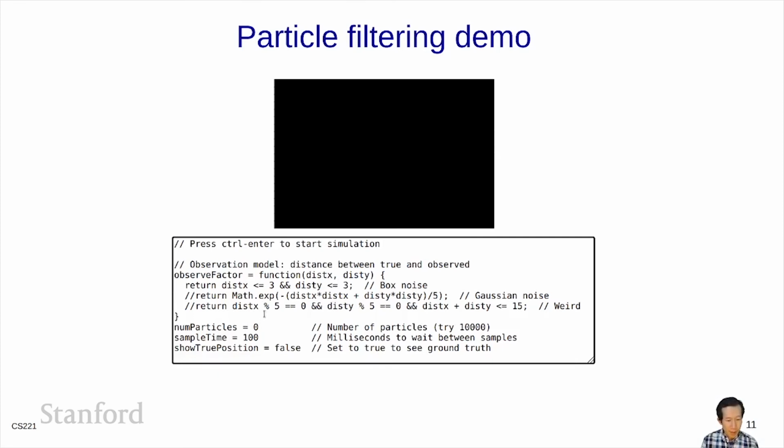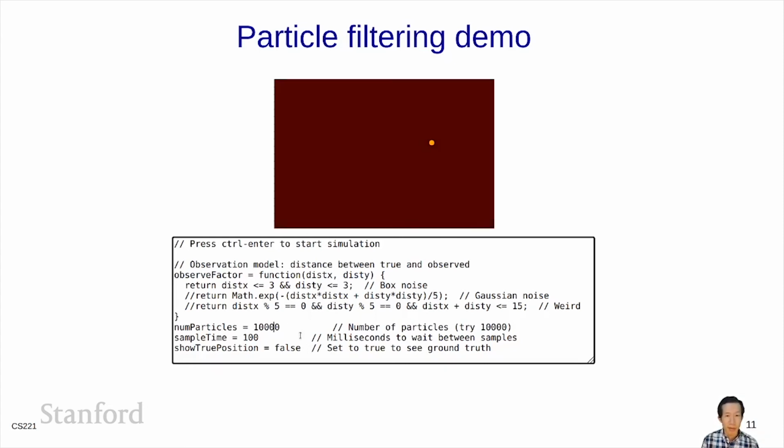Okay, so if I hit Control Enter here, we can see the observations. They're very noisy, and we're trying to guess where the object is. So what we're going to do is run particle filtering. Let's say we have 10,000 particles. We hit Control Enter again.